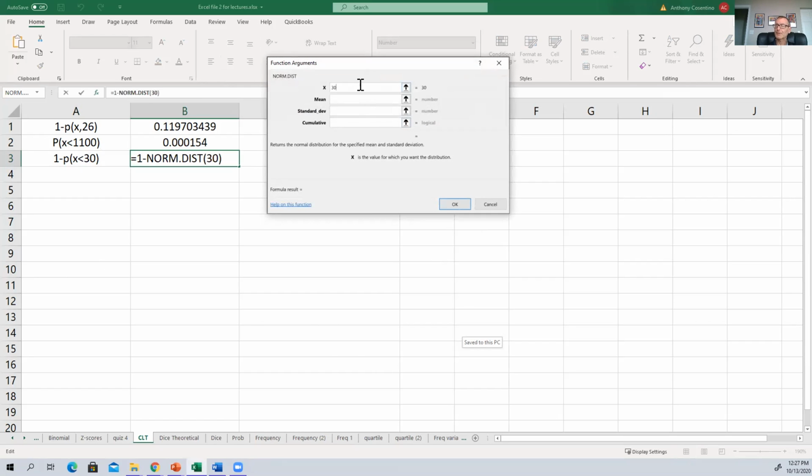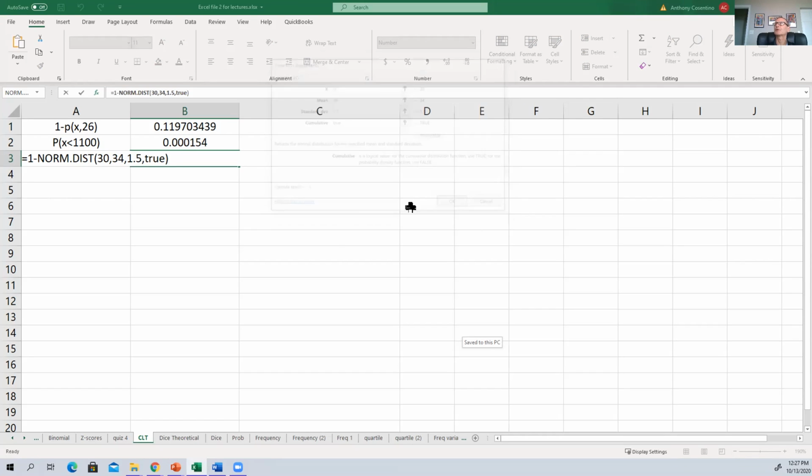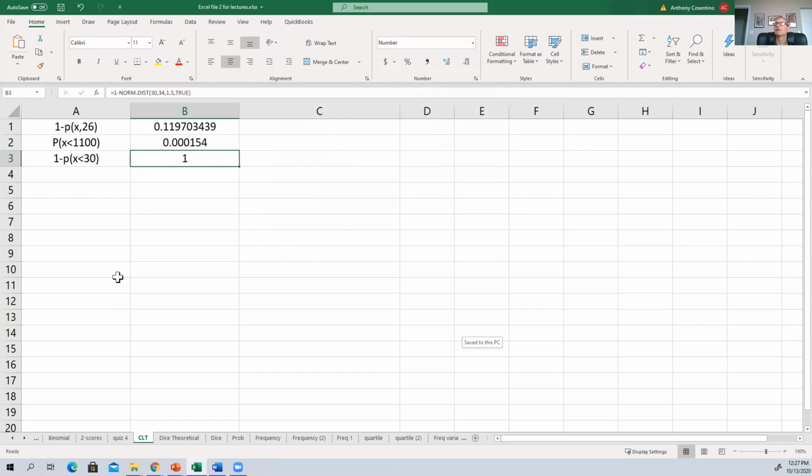And this would be 30, 34, standard deviation of 1.5, and then this would be true. You can see it's a really small number again. And so when you subtract it from 1, you're going to get a really big number close to 1.